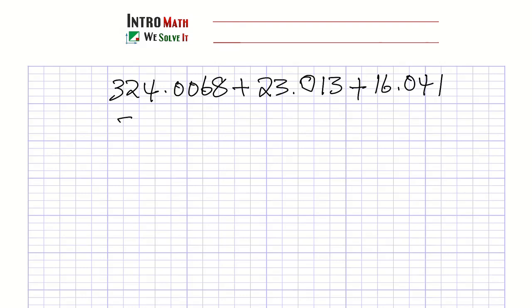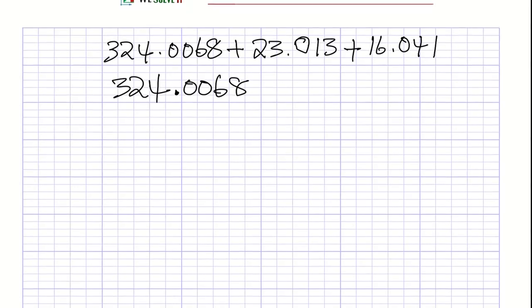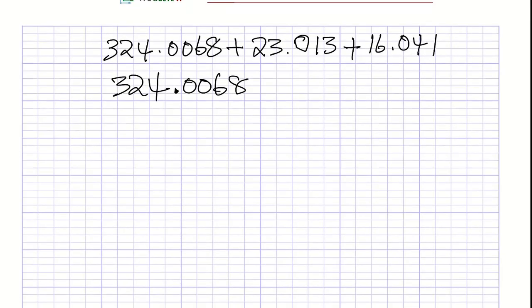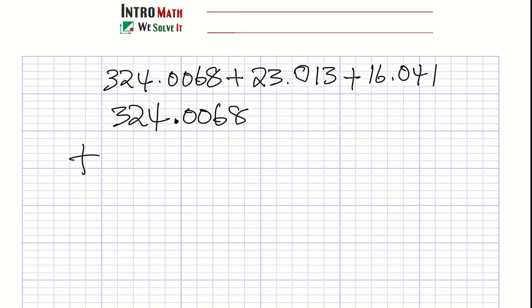You start with 324.0068. You put the plus sign here, and then you write the other figures down. Just line them up. The other figure is 23.013. Notice that we can put 0 here without changing anything.